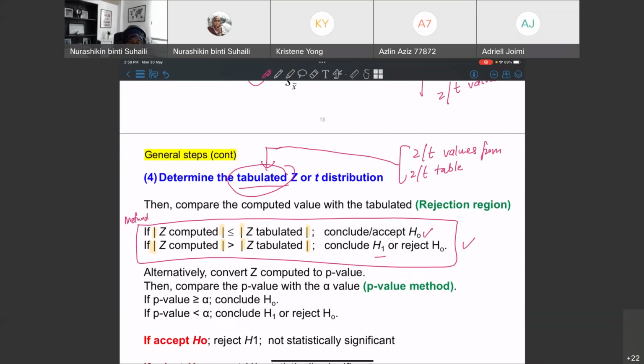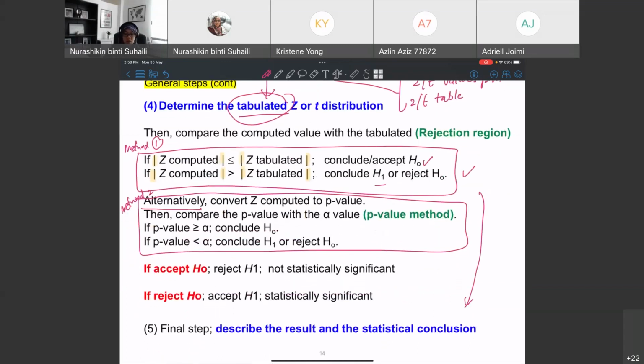Alternatively, there is another method, method number 2, so write this in your notes. You don't have to do both methods at the same time; you can use only one method. If you have compared the Z computed and Z tabulated and made a decision, then you just jump to the conclusion.